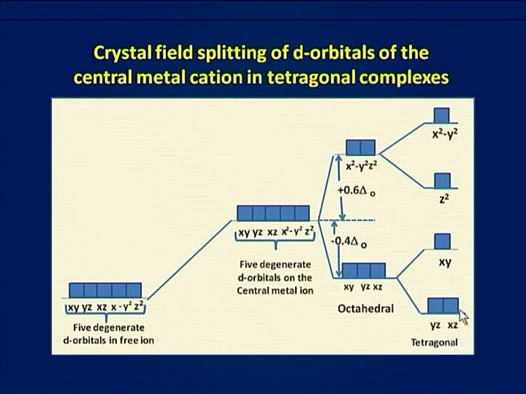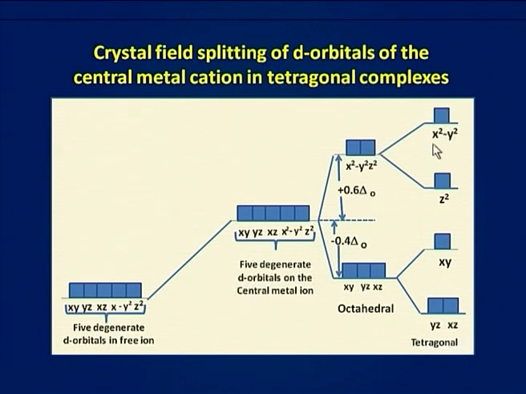Here you can note that the dxz and dyz orbitals are degenerate. Thus, under the influence of the ligands in a tetragonal complex, the order of energy of various orbitals is dyz equal to dxz, which is less than dxy, which is further less than dz square, and the energy of dx square minus y square is highest.